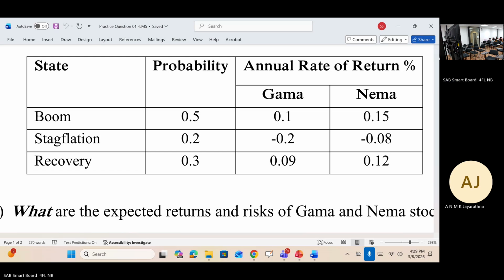Tell me the variance for the gamma. Variance for the gamma. 10.89.